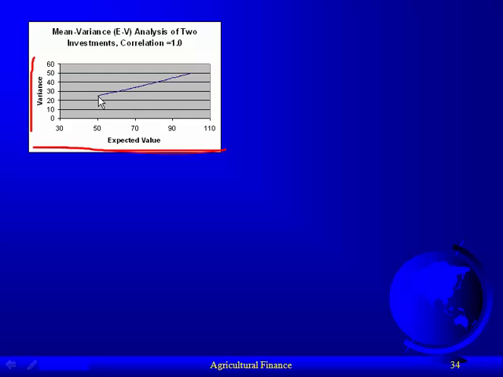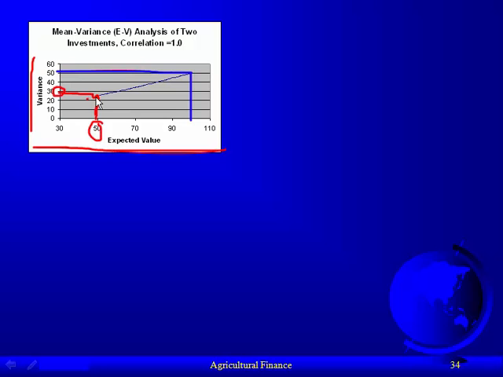Now, right here at this leftmost point represents all of your portfolio invested in the Treasury, where you can see that you have a lower expected return, but you have a low variance or low risk. If you move to the other side, to the rightmost point on this graph, this represents your total portfolio in Microsoft.